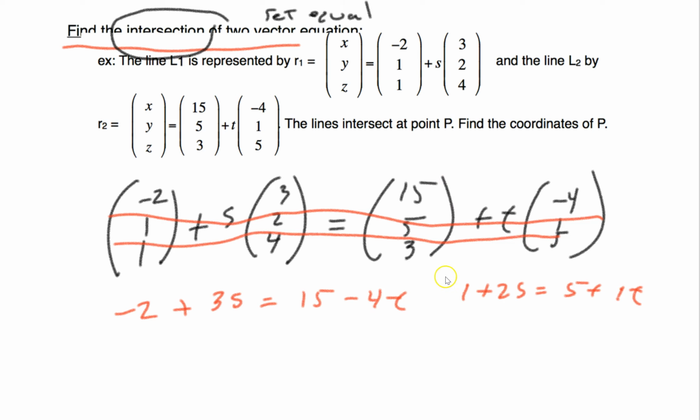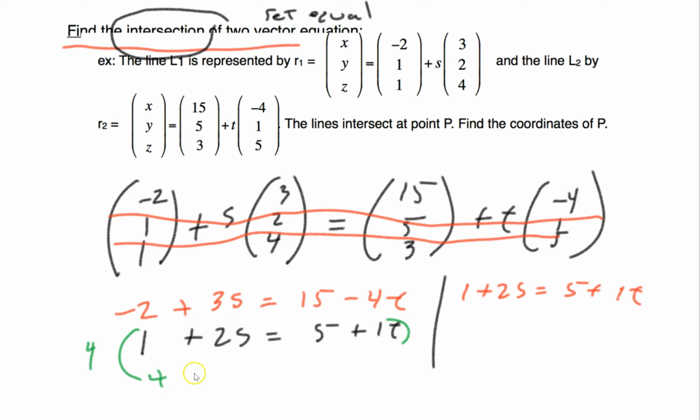Now what do we do? Well, we have two equations and two unknowns here, right? We got to solve by elimination or substitution. Most people like to put them together, and actually I probably should have done that from the very start. I like to do elimination. So let's get rid of the t's here, because it's very easy to get rid of them. Multiply the bottom row by 4.